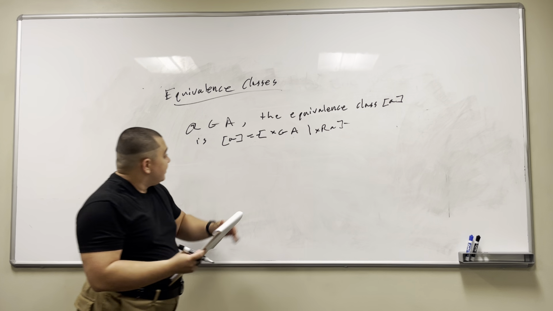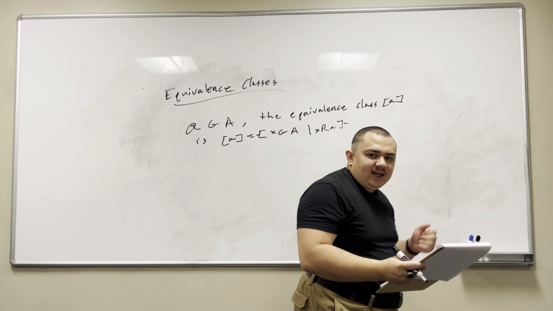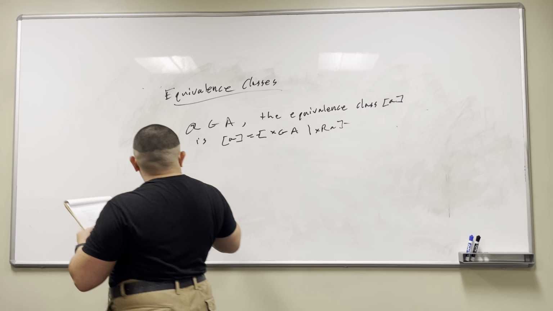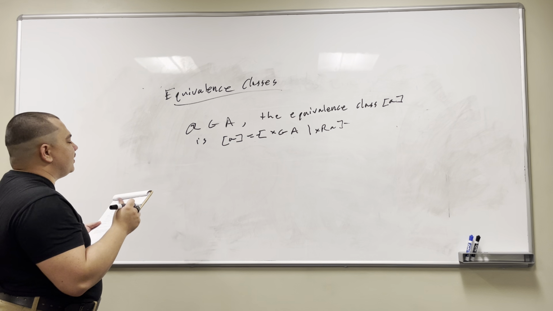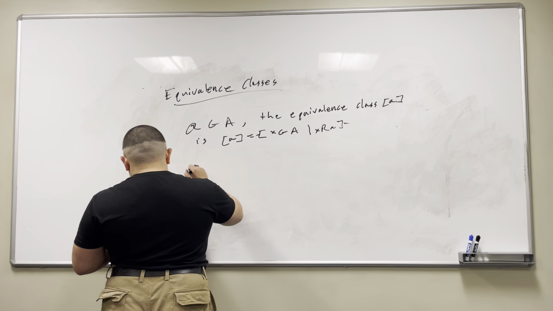Any element of an equivalence class is called a representative of said equivalence class. So in a way, it's a very special kind of set.